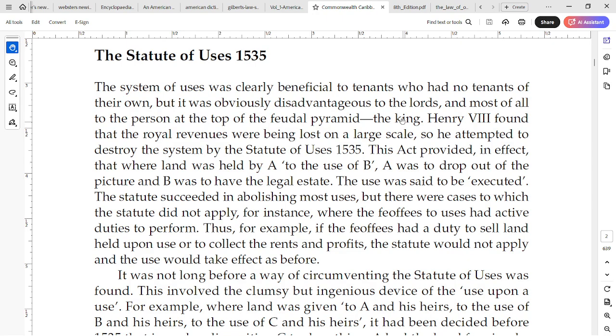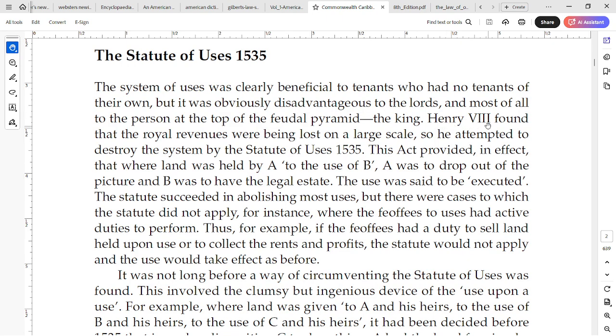And the king would normally go and conquer different lands, different tribes, different people. And when he conquered, he would appoint parcels of land to his lords, and he would claim a right to receive payments and rents and profits, a percentage of profits, from his subjects who owned the land.